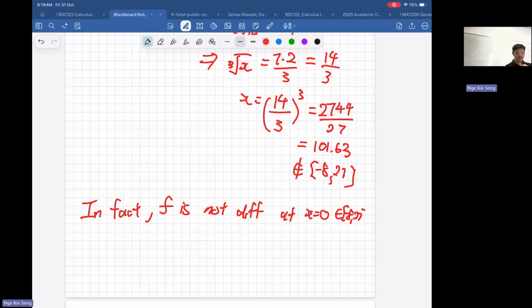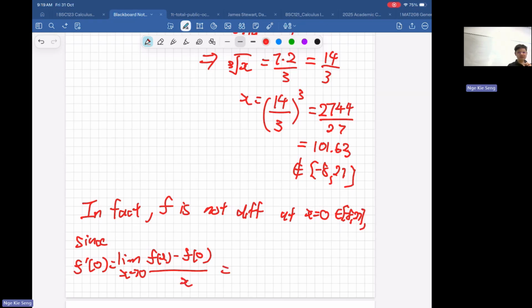To show this, you need to use the limit way. Please don't use the formula way, because the formula way is a bit cheating. Without doing the limit, you're not sure why you get that formula.